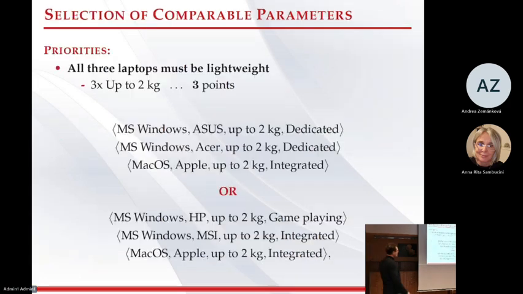Okay, you want lightweight laptops, so you can choose 3 points for the weight parameter, and you can choose this trio of products or this trio of products, and it's up to you what laptops you choose.